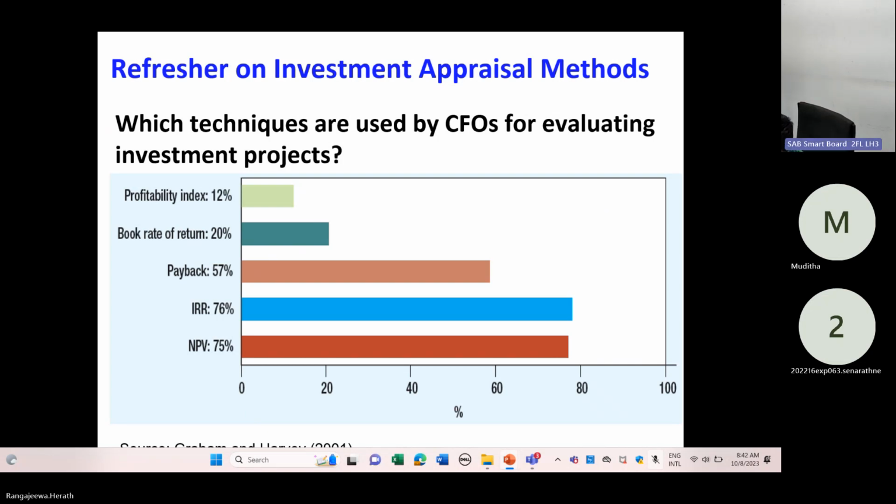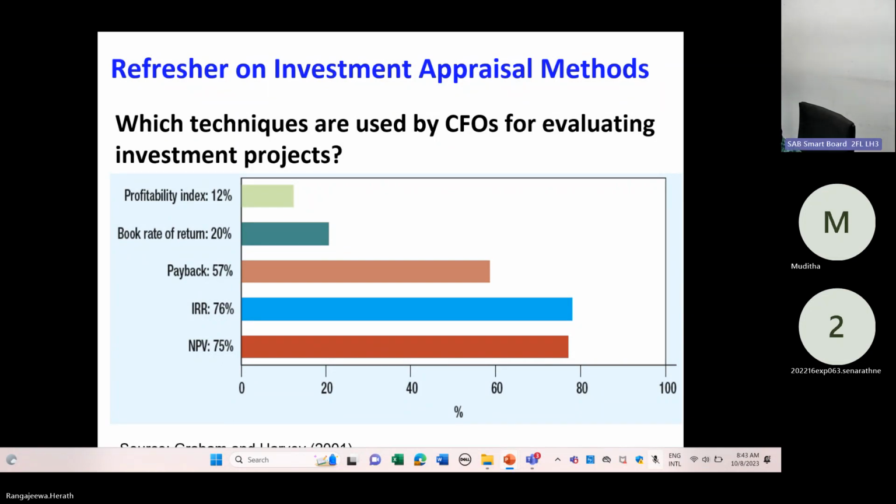You can't net off the inflows of 15 million against the outflow of 10 million, because the outflow occurred today, and the inflows occurred in year 1, year 2, year 3, year 4, year 5, say 3 million each year. The cash flows occurred in different time periods.